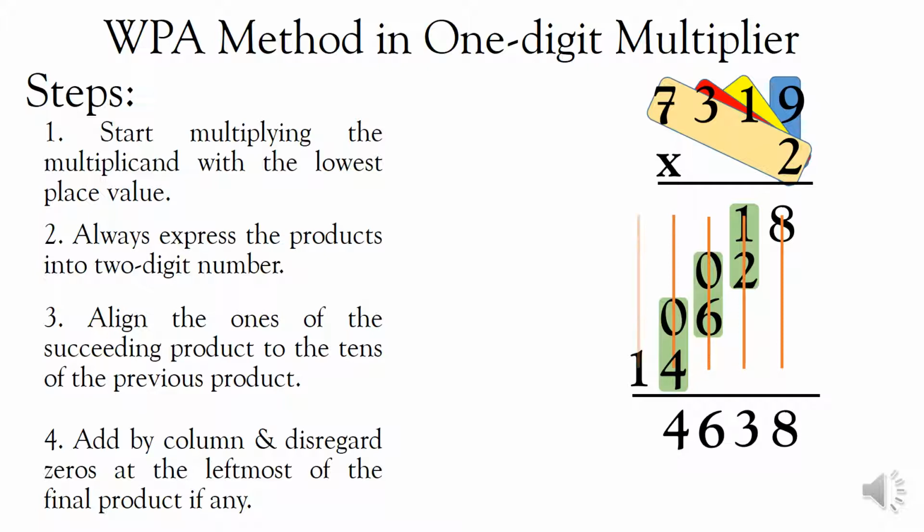And the last column will be 1. Therefore, the product between 7,319 and 2 is equal to 14,638. That's all for the single digit multiplier.